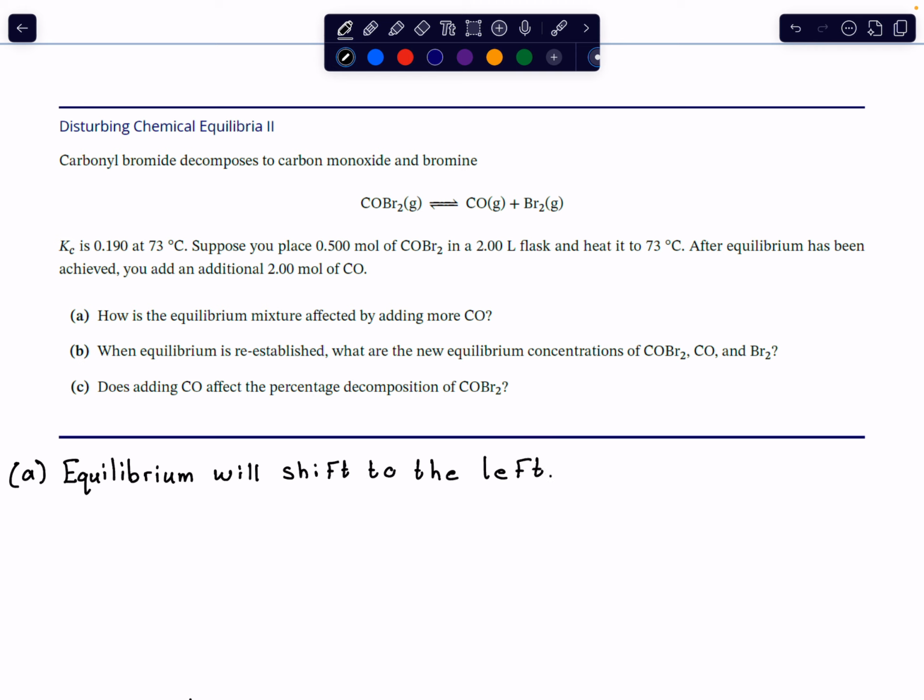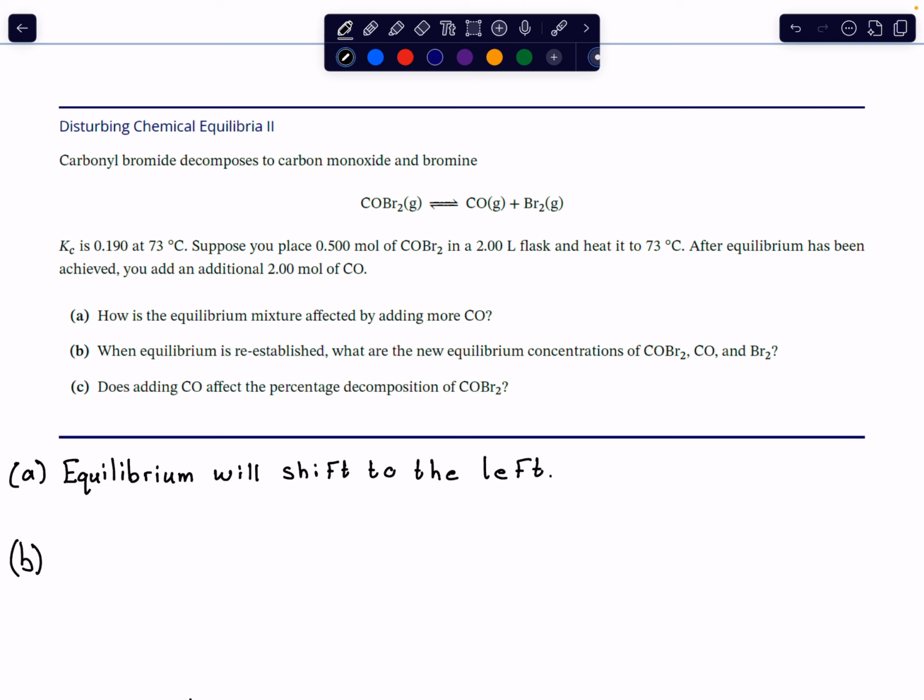And you can also see that from Q. If you wanted to calculate Q, or think about Q in terms of what will happen, I think it's a good exercise for you to think how Q can also help you predict that the equilibrium will shift to the left. Alright, let's move on to B.